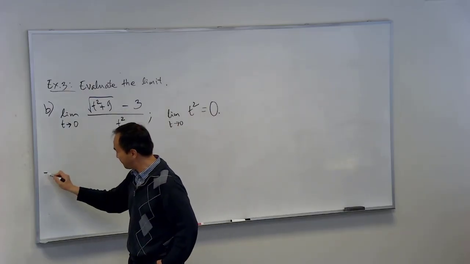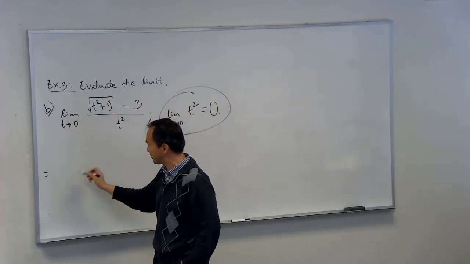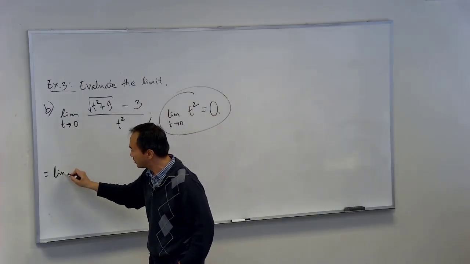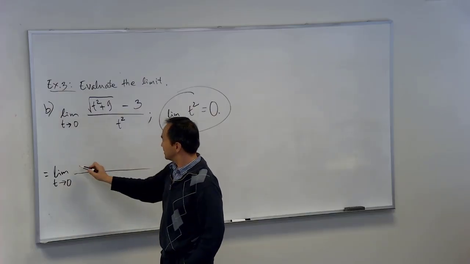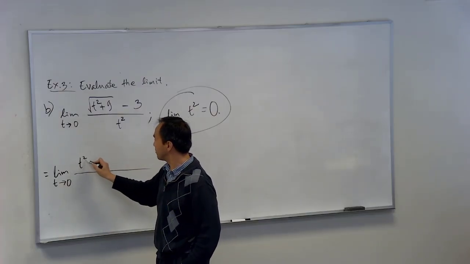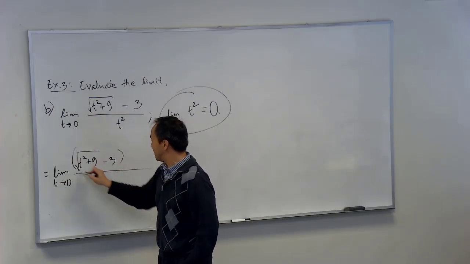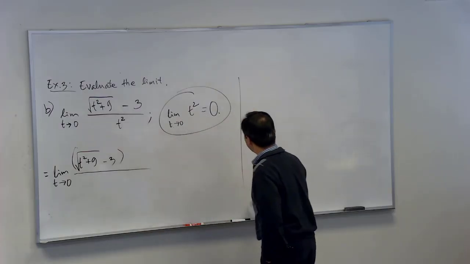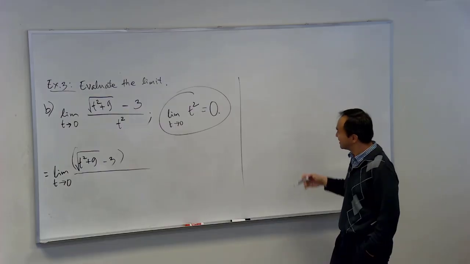So in that way, the first step I'm doing, after proving that the denominator will have the limit going to 0, I'm holding on to the limit work. Okay? But what I'm about to do now is with the square root expression, the square root of t squared plus 9, and then minus 3. You guys happen to remember from algebra that we are allowed to do something like this?